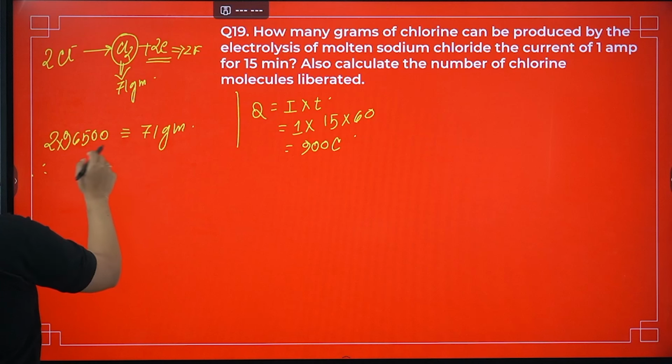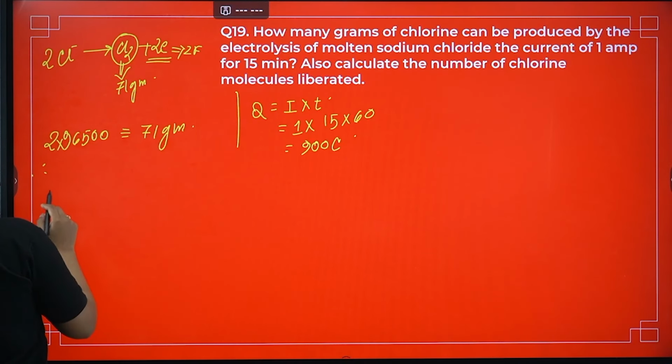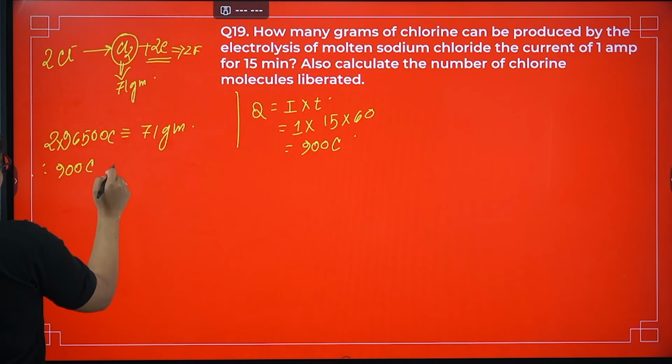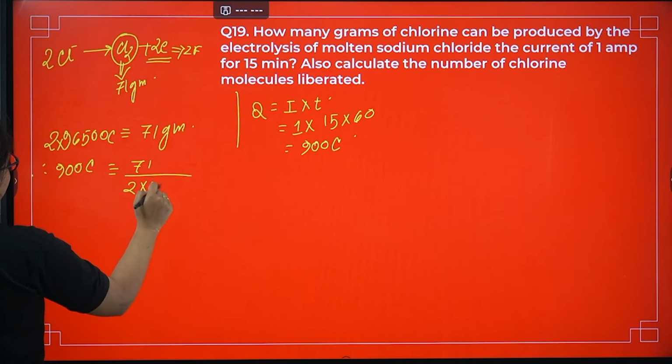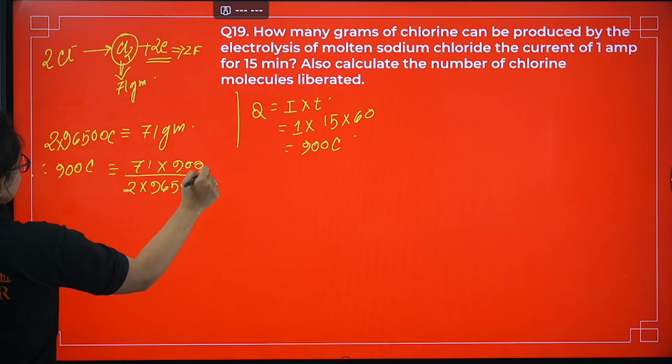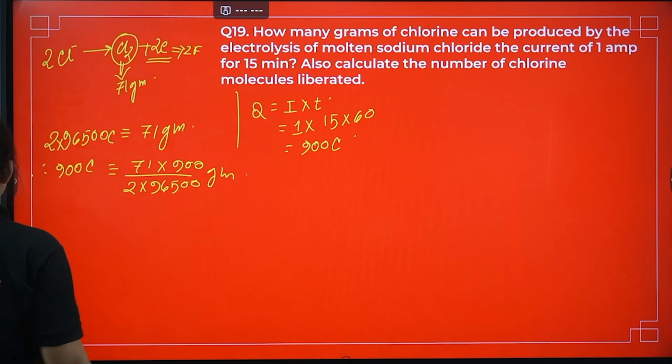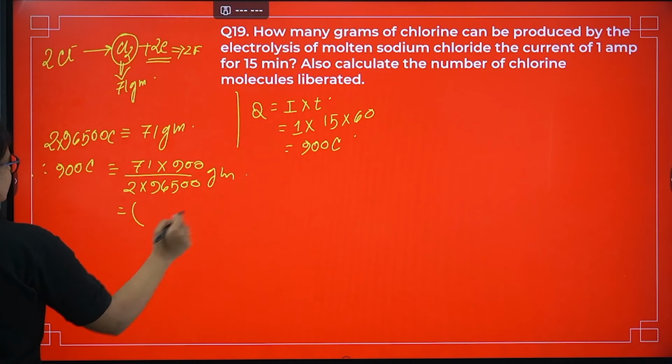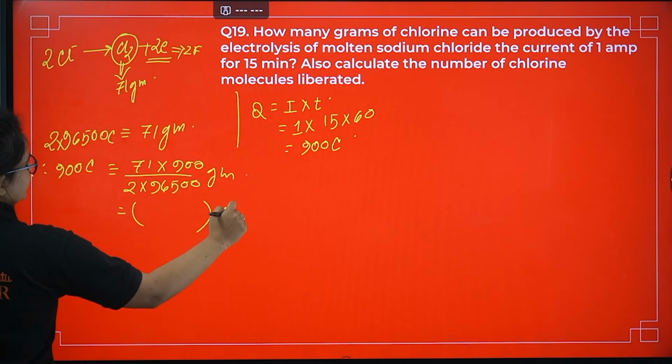This much will give me 71 gram chlorine. Hence 900 coulomb can give me 71 divided by 2 into 96500 into 900 gram. So this is the gram of chlorine.